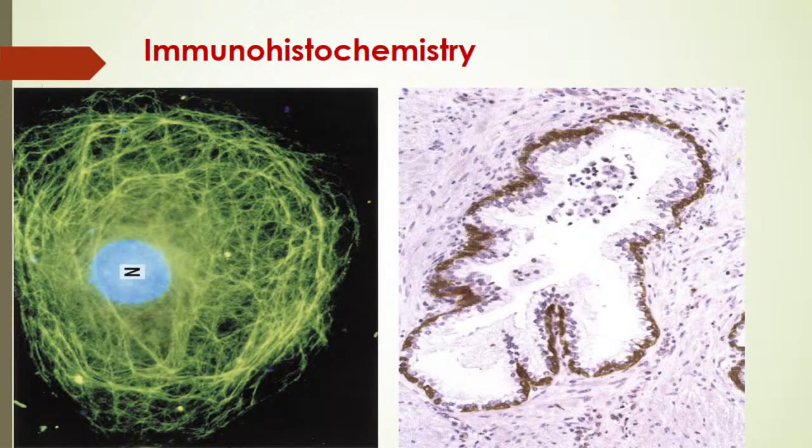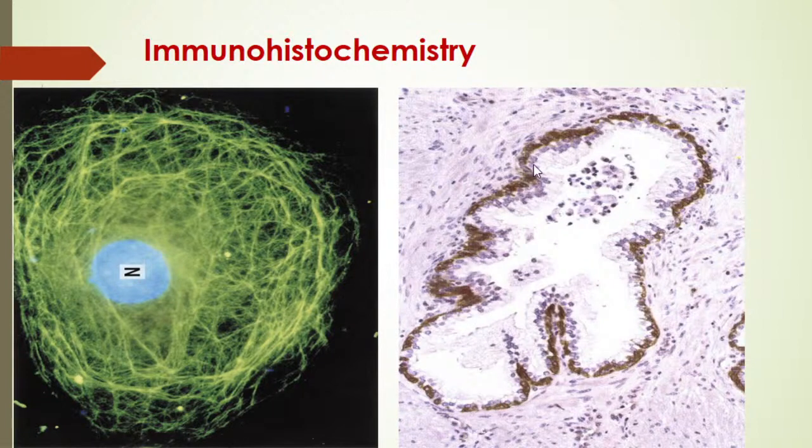Immunohistochemistry, we have seen here the identification of microtubules in fluorescent microscopy of decidual cells in rabbit, and here we have identified the basal cells in a prostatic gland duct.